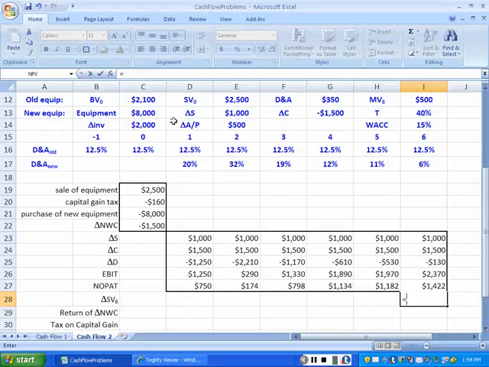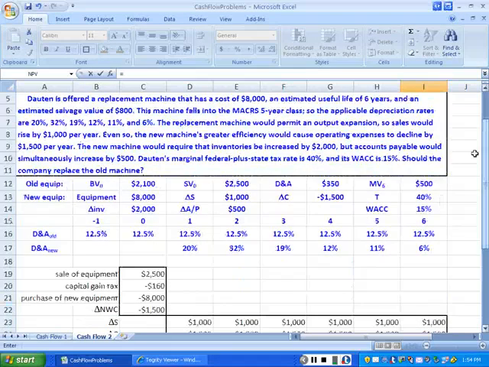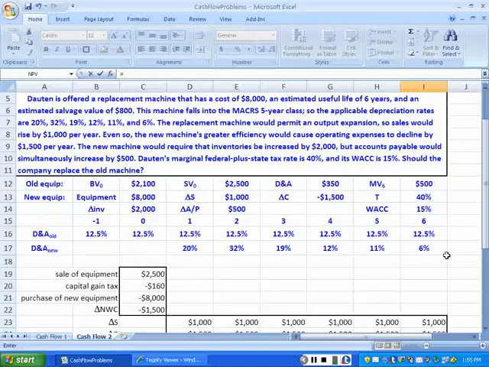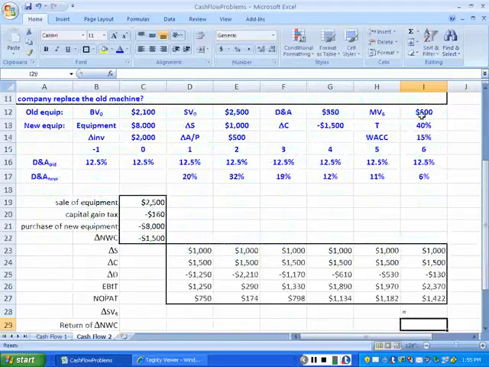It will be the salvage value at time 6 of the new equipment, which was, did we mark that down? Let's see, it would have a salvage value here of 800, and that's something that we had not marked down for the new equipment, so let's go ahead and put that in place here.